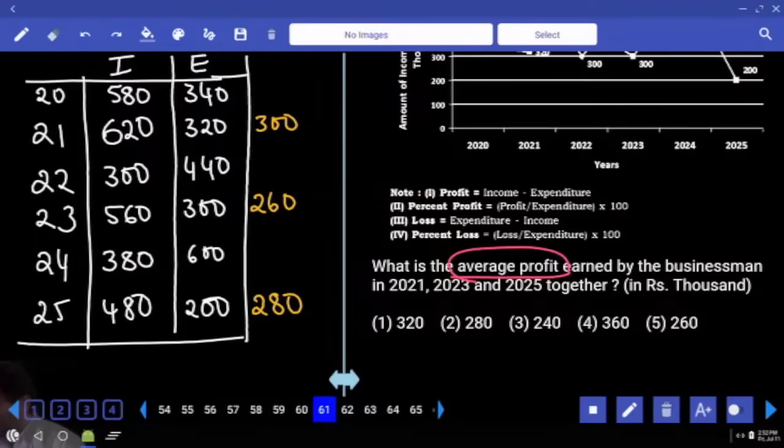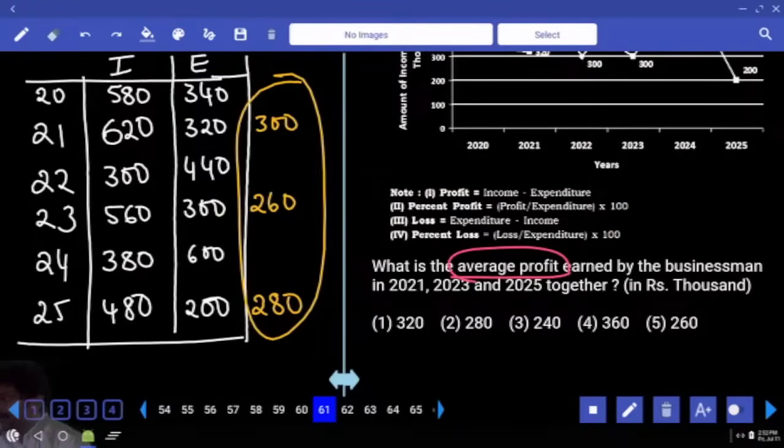Look at those numbers: are they consecutive numbers with a difference of 20? 260, 280, 300. Change the order, and the average is the middle number.